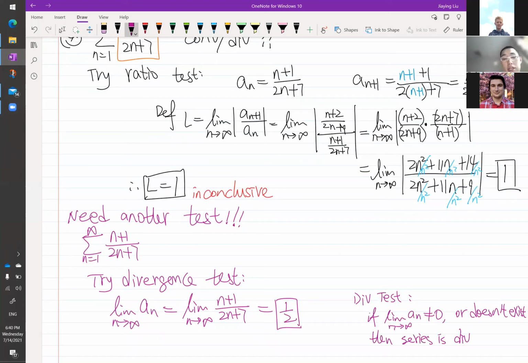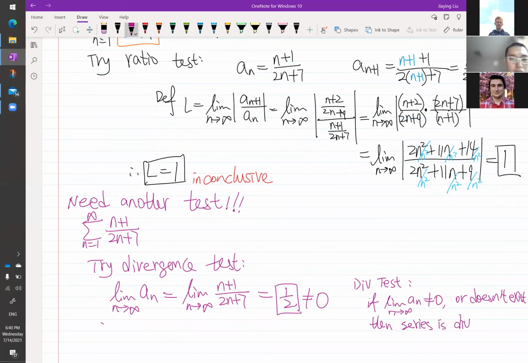So here we found that the limit of a_n is equal to 1/2, which is not equal to 0. Therefore, the series that we were given, (n+1)/(2n+7), is divergent.